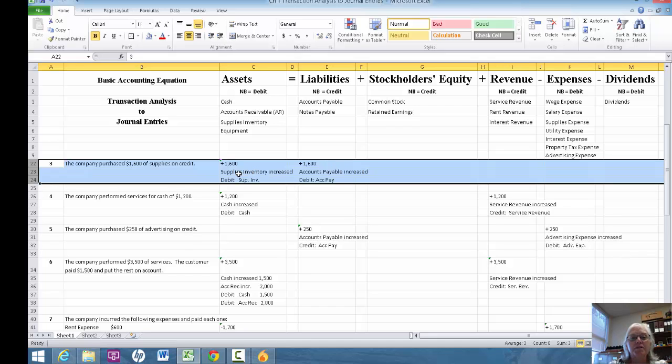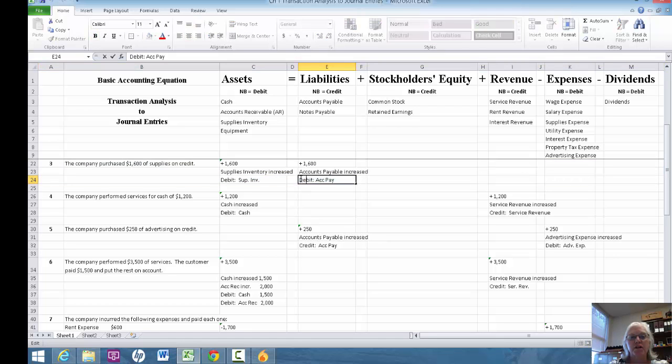So if supplies inventory increases, we increase that account with a debit, so debit supplies inventory, and we're going to credit, whoops, I need to change that, don't I? Let me get that fixed. We will credit accounts payable, because it increased. Glad we caught that. Okay, so far so good?